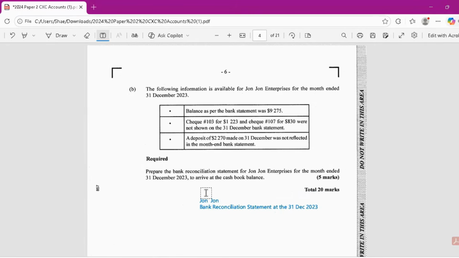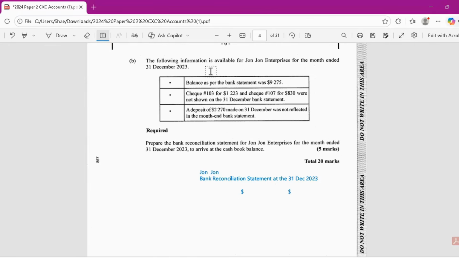Then we're going to need our dollar signs. So when you are doing it in your exam, please line it up. Ensure that everything is even. Because I'm doing it on a laptop, some things may not be even. Right? Balance as per statement. So that's the bank statement.